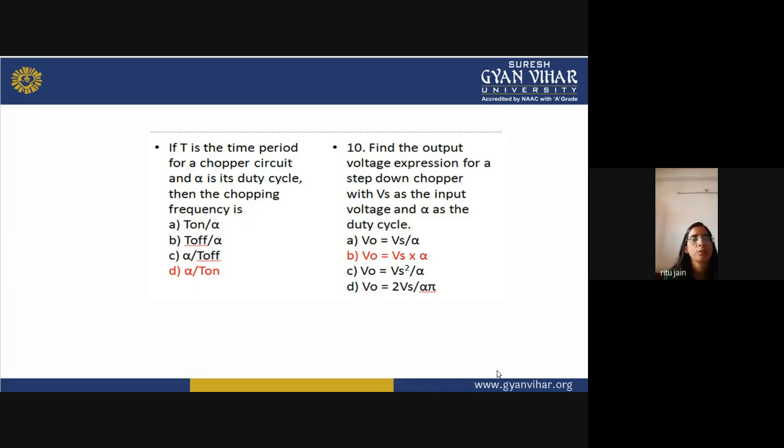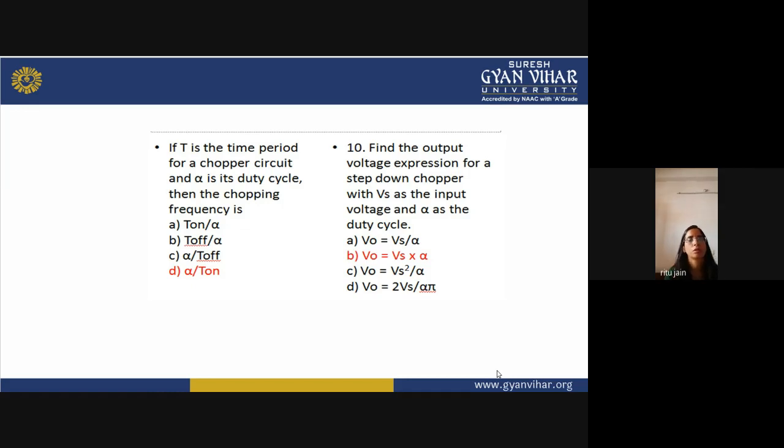By this formula, you can easily calculate the chopping frequency of the chopper. Next question: find the output voltage expression for the step down chopper with Vs as the input voltage and alpha as the duty cycle. You can calculate the output voltage for a step down chopper by using this formula: V output is equal to Vs into alpha.